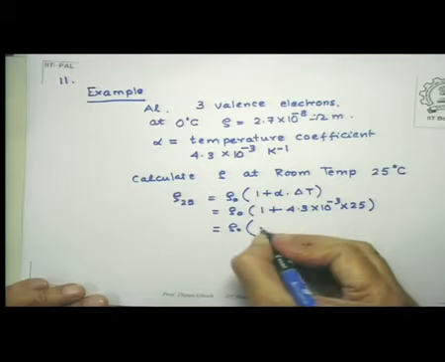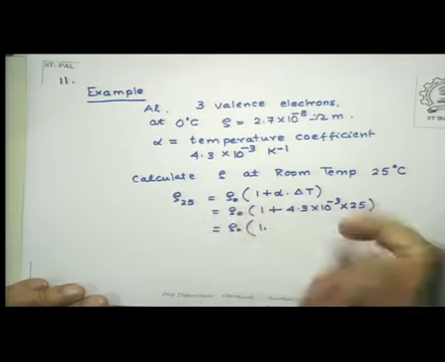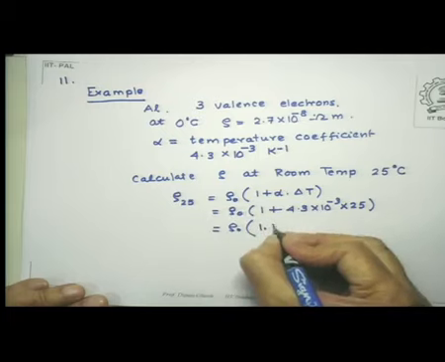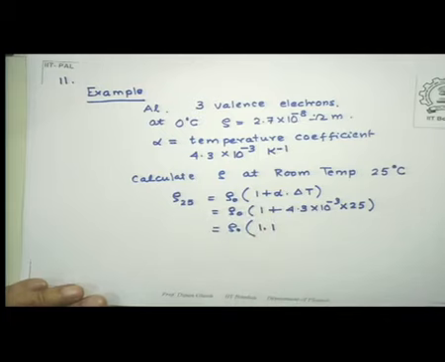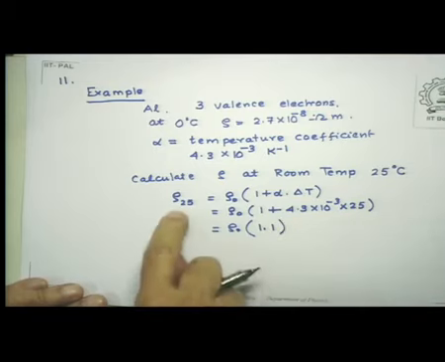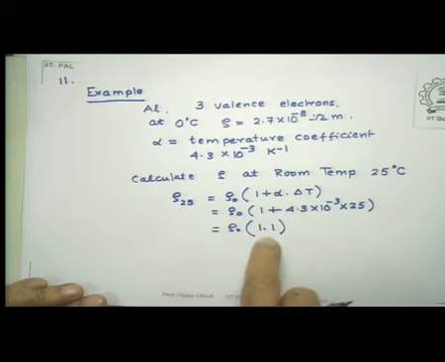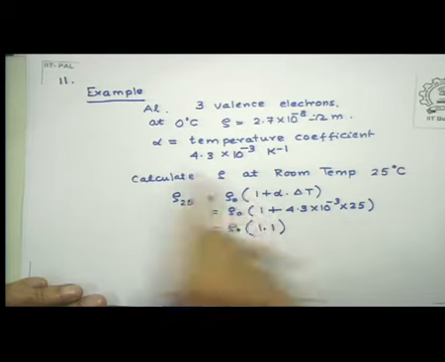So it is roughly 1.1, and there is a little bit, 0.75, etc. So the resistivity at 25 degrees will simply be 1.1 times that.